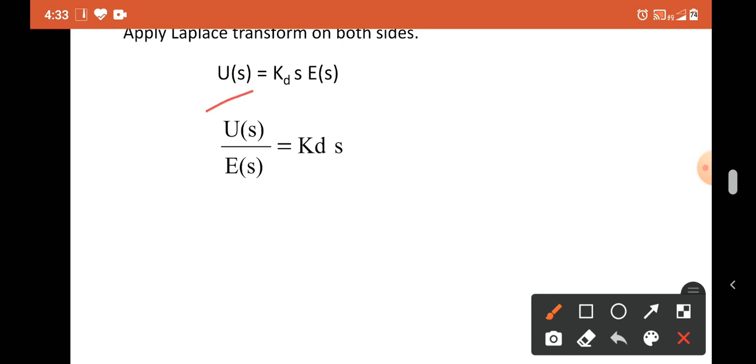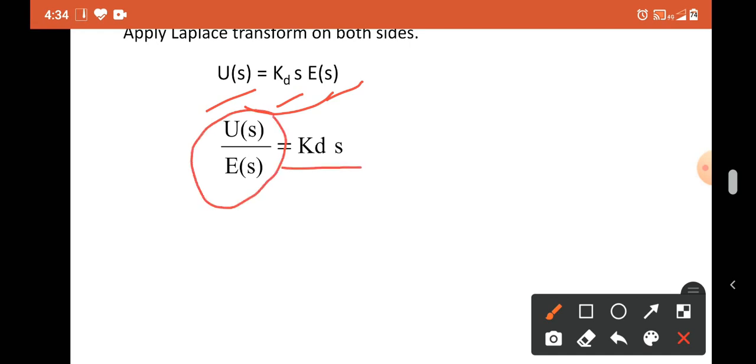So u(t) will get replaced by U(s), Kd will remain as it is, and de/dt will get replaced by s times E(s). If you take this E(s) to the left hand side and put it in the denominator, then U(s) divided by E(s) will be equal to Kd times s.